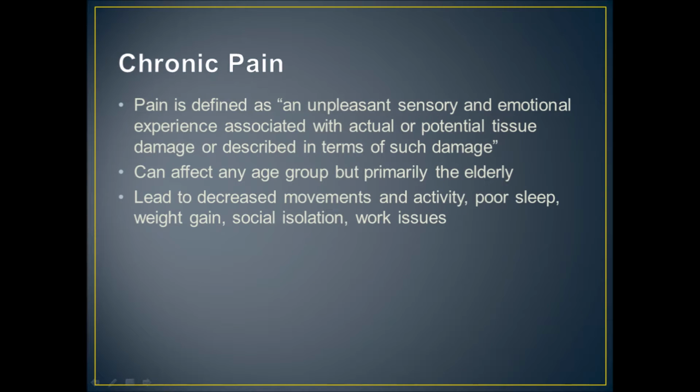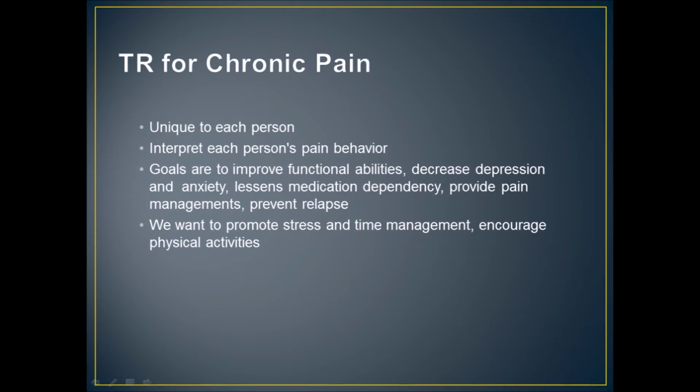So the next one is chronic pain, and pain is defined as an unpleasant sensory or emotional experience associated with actual or potential tissue damage, and it's described in terms of such damage. So it can affect any age group, but it's primarily elderly, and it leads to decreased movement and activity, poor sleep, weight gain, social isolation, and work issues.